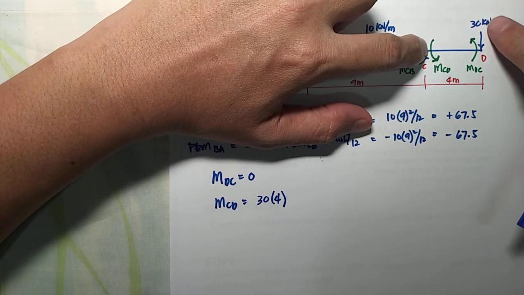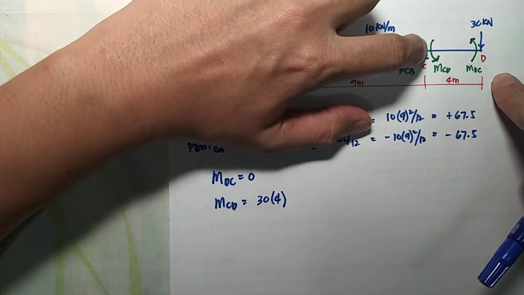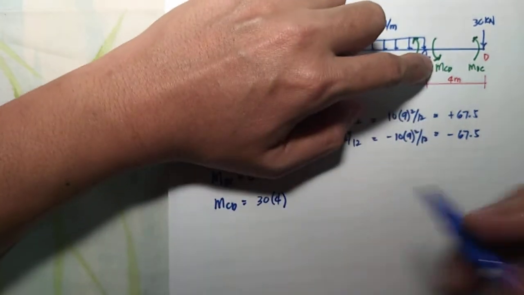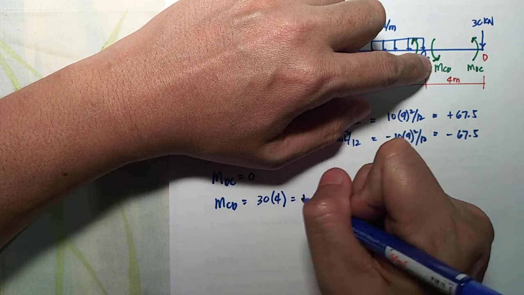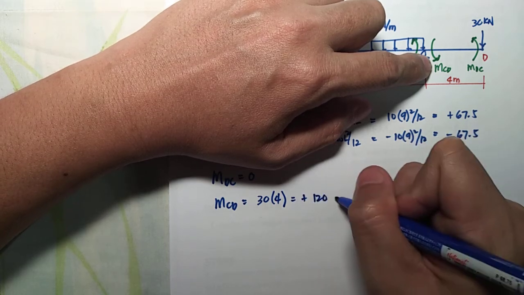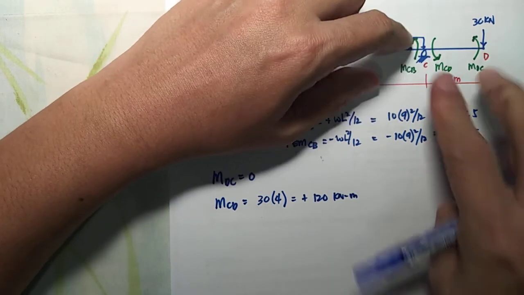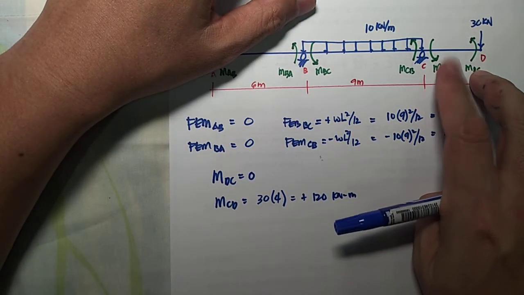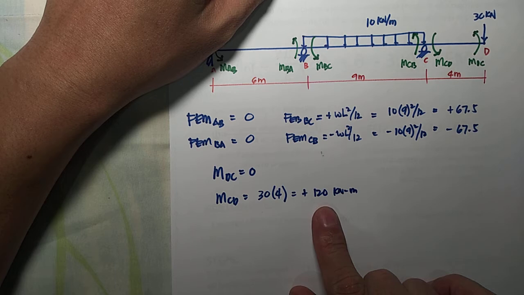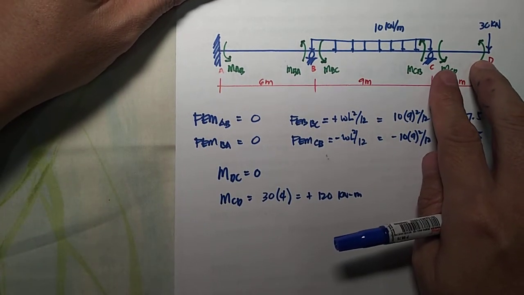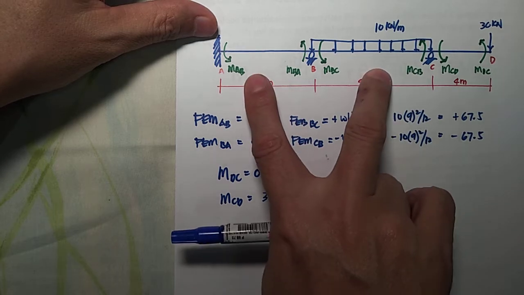The moment due to the 30 is clockwise, so it has to be resisted by a counterclockwise moment. So that would be a positive 120 kilonewton meter. So the moments on the last segment are already known, 0 and positive 120. So we will be focusing our equations on the two segments.